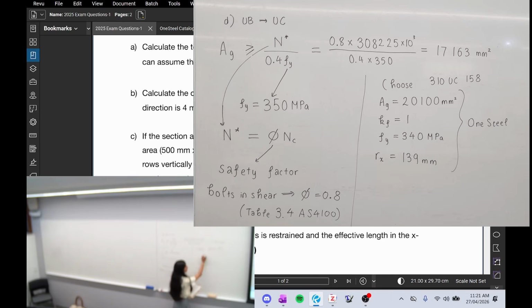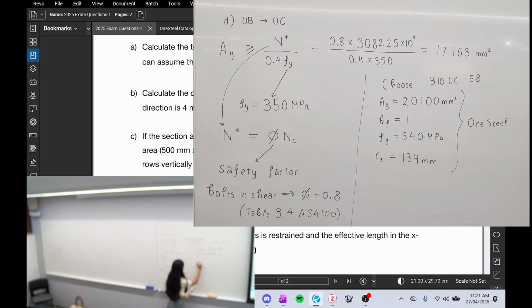So let's get the information for this from One Steel. The new area of this section is 20,100 millimeters squared. Your form factor, KF, is 1.